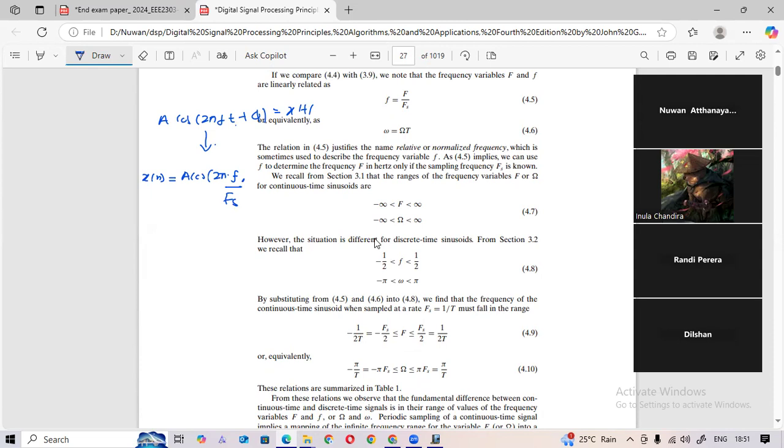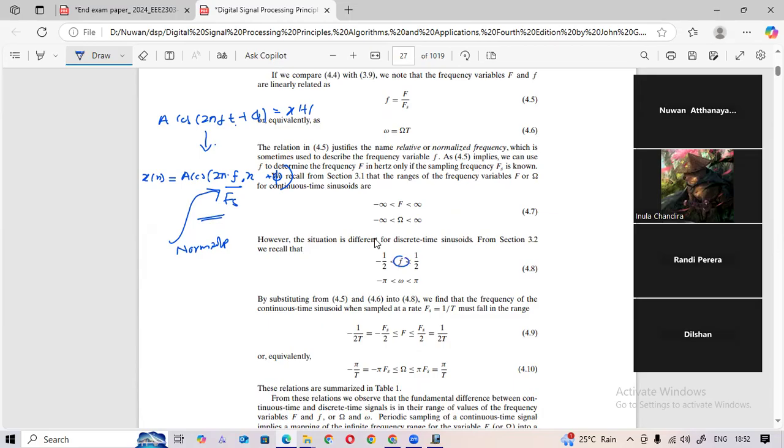Instead of t, you will have n, and the same phase is there. So this is how we can represent a sampled signal. This f divided by fs we refer to as the normalized frequency.